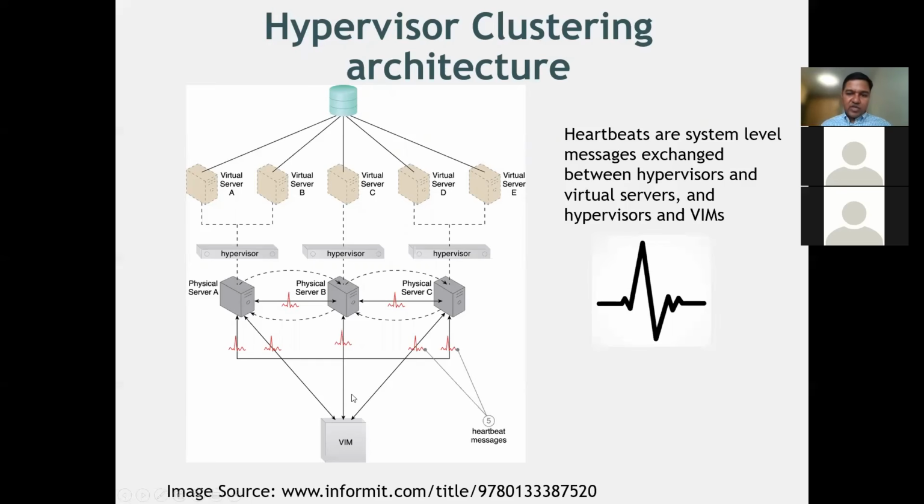This sensing is called heartbeat. It is a system-level message, basically a ping, saying it is active, or different types of messages, like I am active, my OS is okay, my network is working okay, or my battery level is this level. Different kinds of messages can be there.